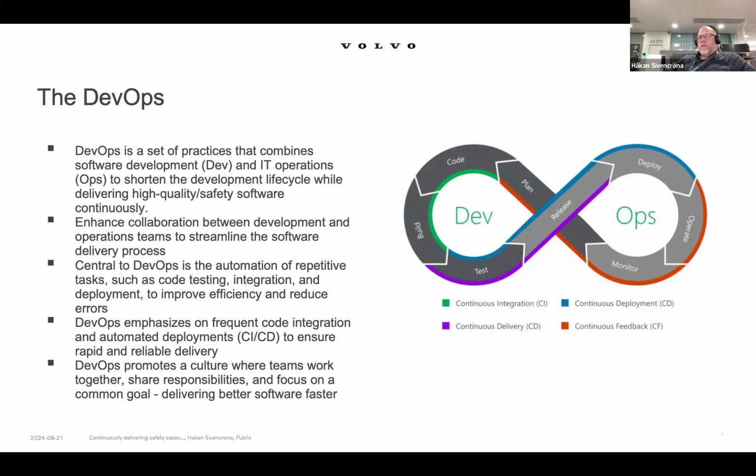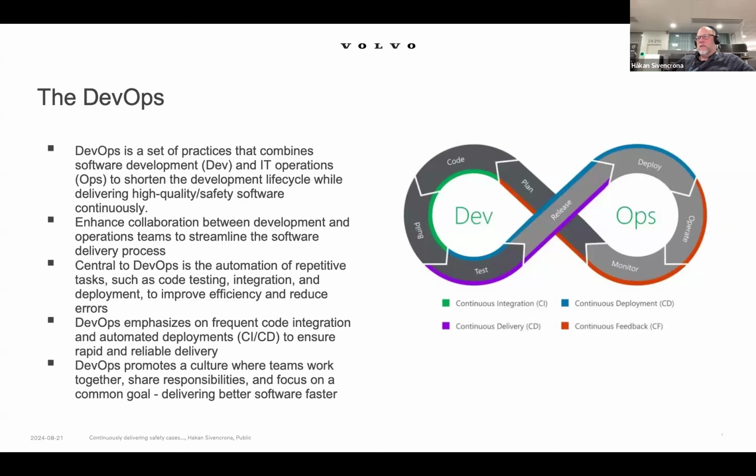But we also mentioned there that the DevOps emphasizes frequent code integration. What is frequent? Well, not too frequent. It's as frequent as your organization can carry, because sometimes it really takes time to execute certain safety activities. So it means that fault injection or some other maintenance, or if you would see if it's wear out something, you would like to have more than just a day.